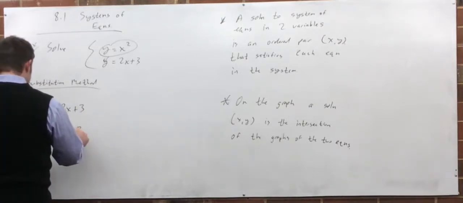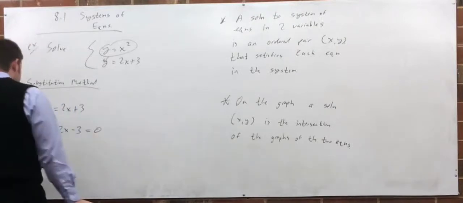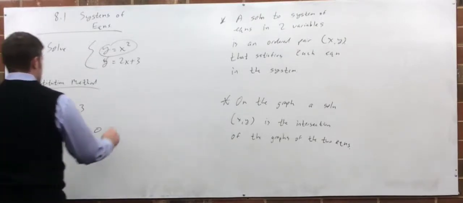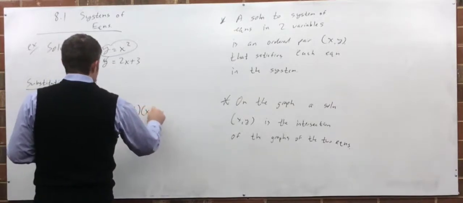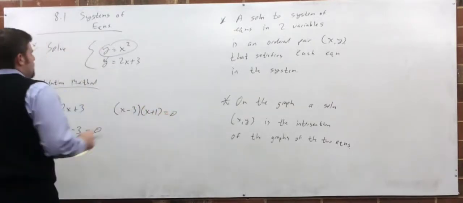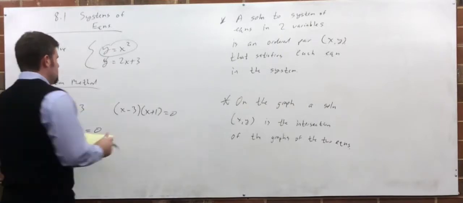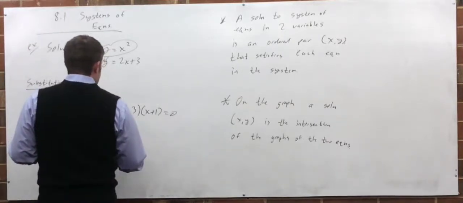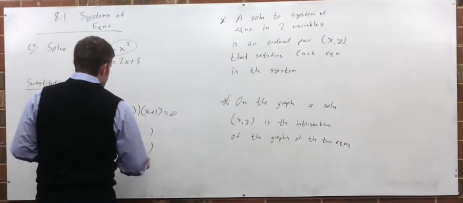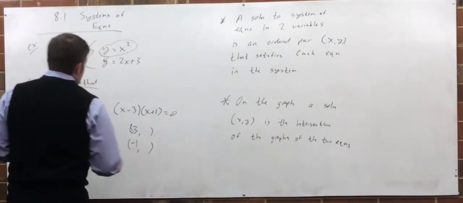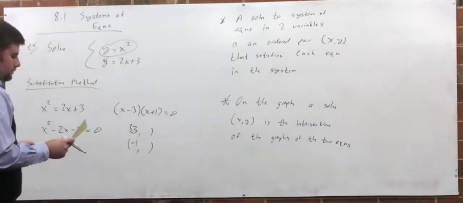X squared minus 2x minus 3 equals 0. This factors into x minus 3, x plus 1 equals 0. So what this is telling us is that our x values are positive 3 and negative 1. What we have to do now is find the y values that correspond to it.